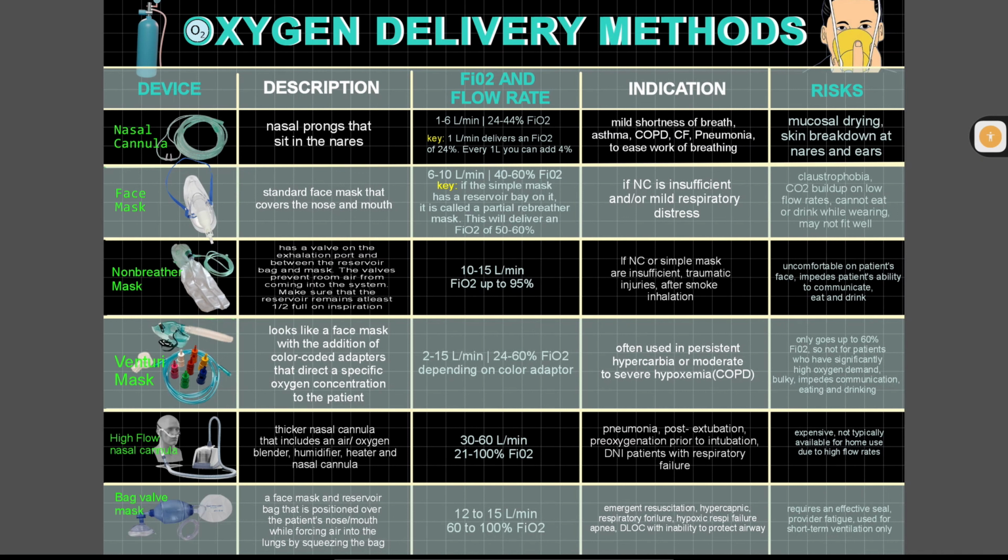For each delivery method or device, I am going to give you a brief description, the FiO2 and flow rate that you can expect from them, how many liters of oxygen or what saturation you're getting from each device, the indication for using each one, and the risks whenever you use them. There are also disadvantages of using these devices, and all of that and more are the things that we're going to be talking about today.